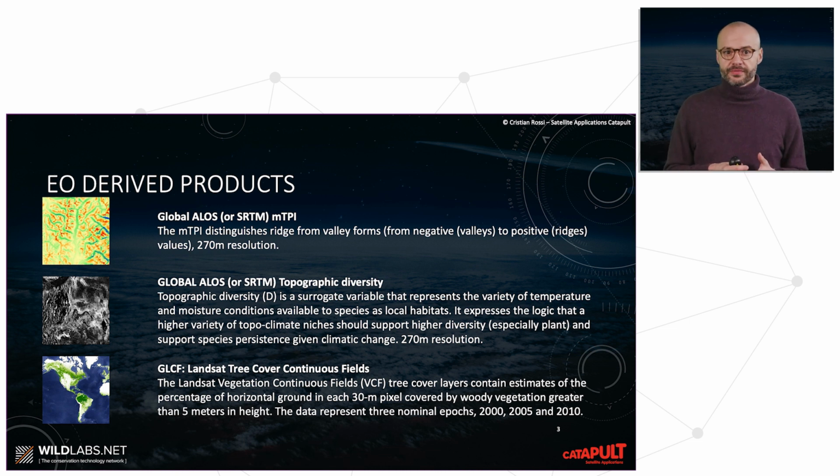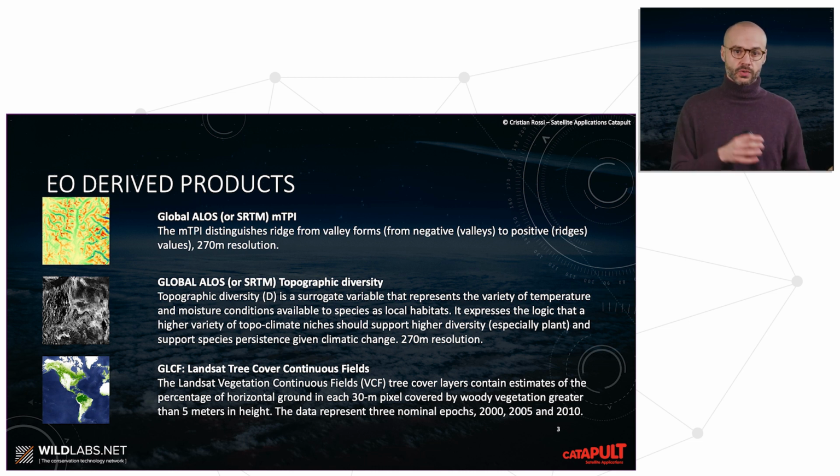Still on the topography, we have products such as the MTPI, which is used to distinguish ridge from valley forms, 270 meter resolution, topographic diversity, so variety of temperature and moisture condition available to species as local habitats.